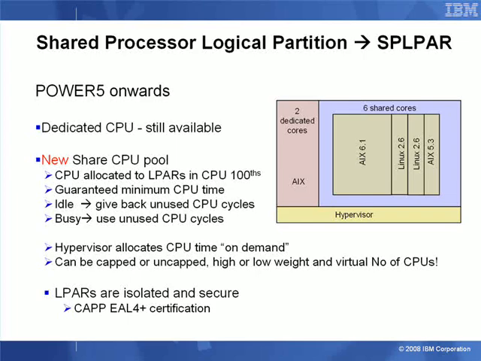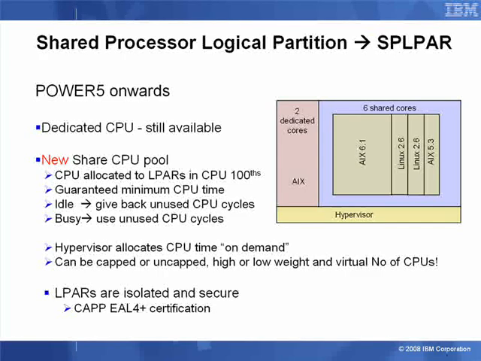If, however, a logical partition doesn't use all its allocated CPU time, it yields the processor back to the pool. When a logical partition is busy, it can then ask for those CPU cycles that are not being consumed by other logical partitions and get a good performance boost.